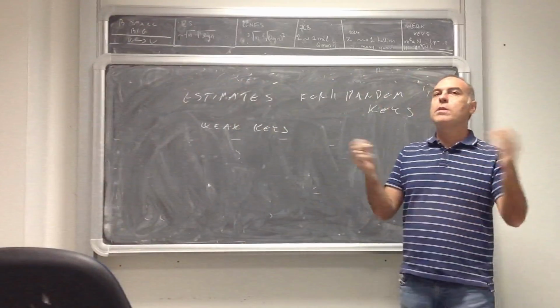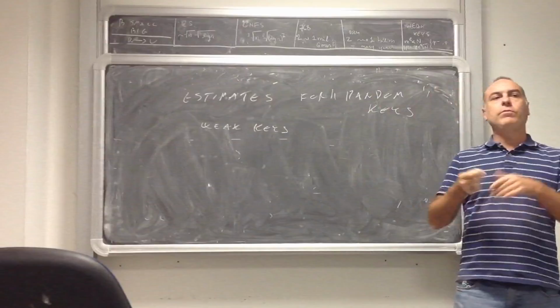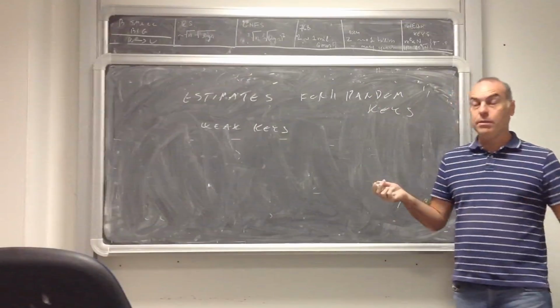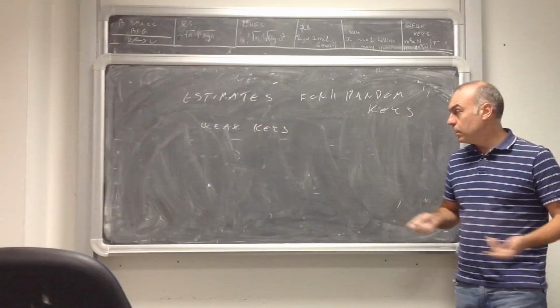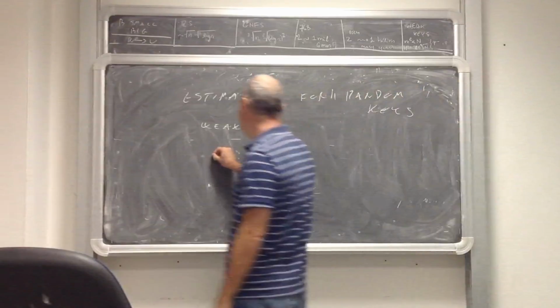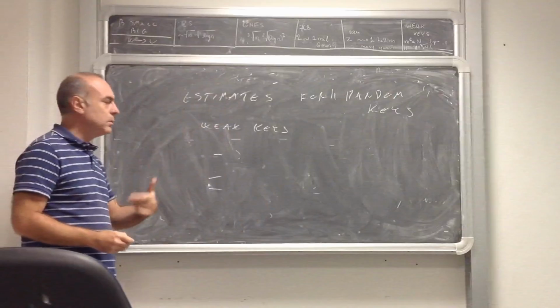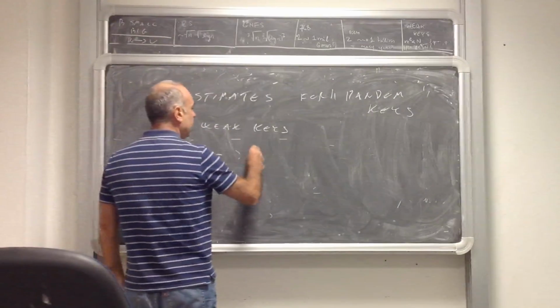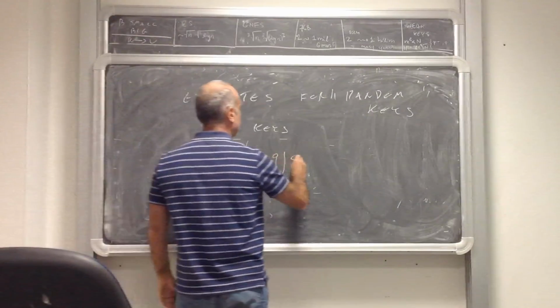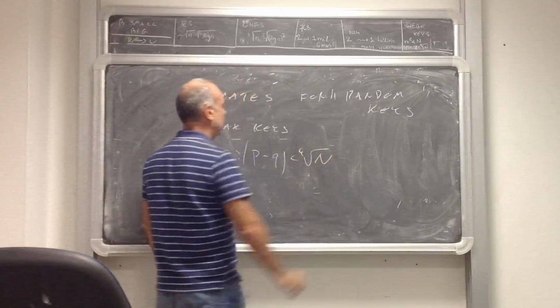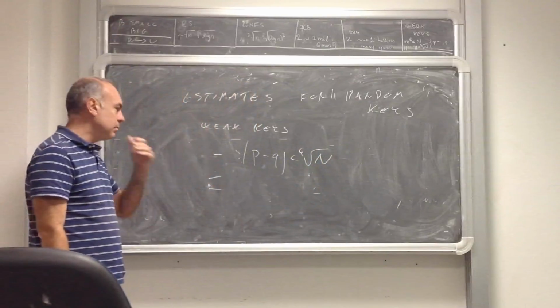Keys which are 1000 bits long can be broken in a few seconds. And we've done it in our laboratory, it's very easy. Weak keys, there are many kinds of weak keys. Just to give you some examples, if P and Q are very close, it is a weak key.